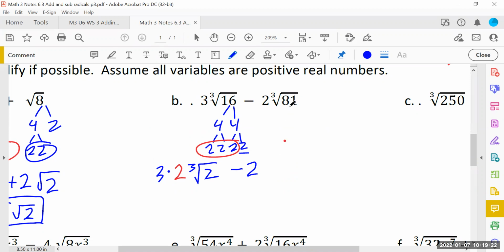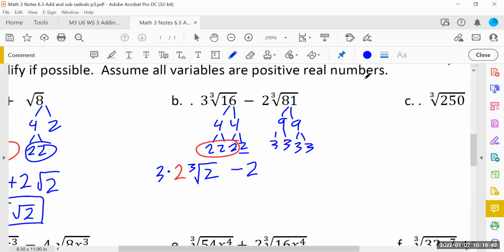Minus 2 cube root. Well, actually, before I write that, let's go ahead and break apart the 81. 81 is 9 and 9, which would be 3, 3, 3, and 3. Set of 3s come out. 2 times 3 is 6.